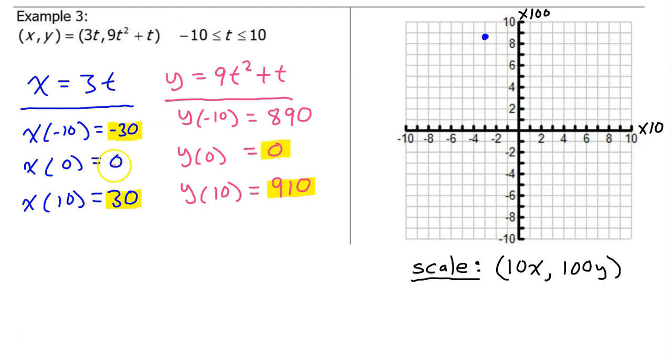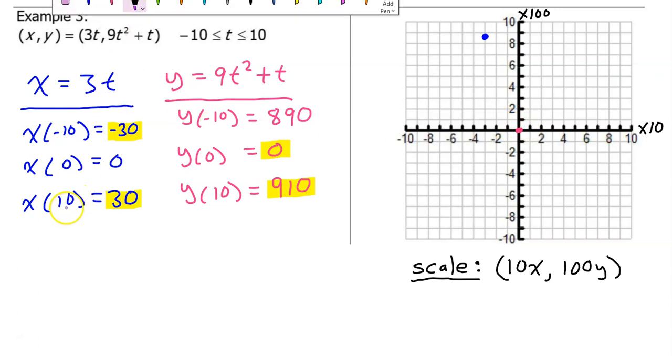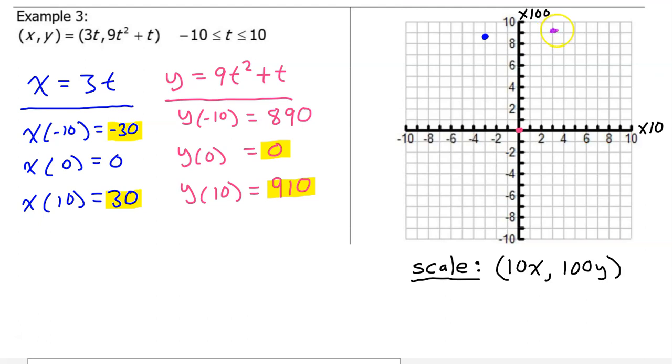When t was equal to 0, the x value and the y value were both 0, so that's going to be right here. And when t was equal to 10, x was 30, and the y value was a little bit more than 900, so right about there.